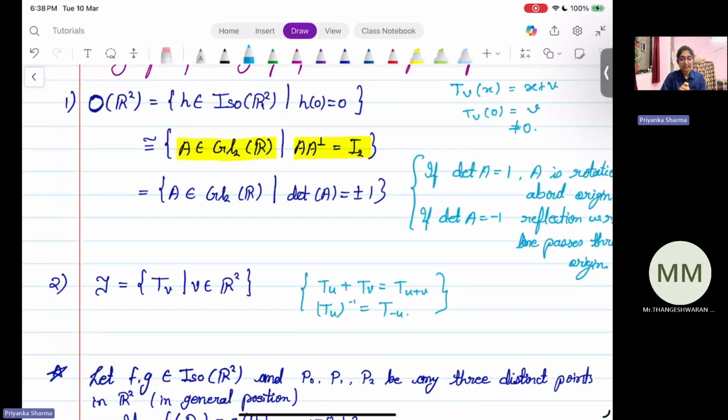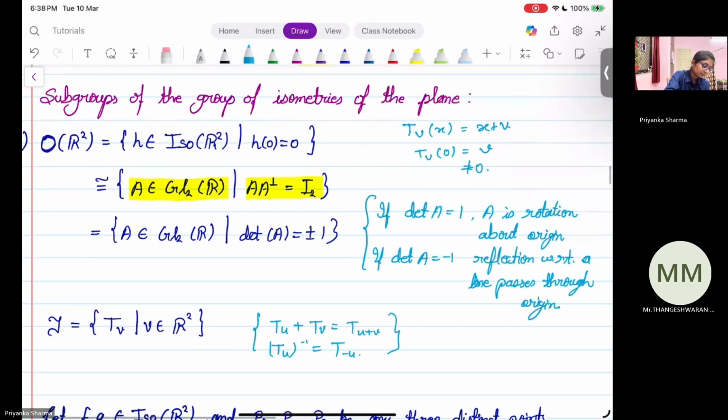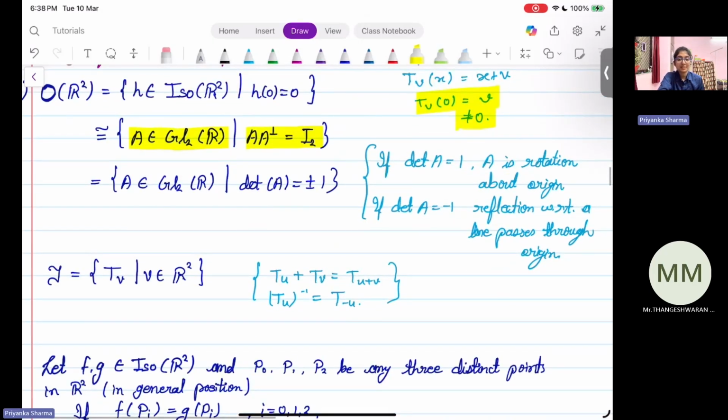The second group is the group of all translations. As we said, translations are not a part of the first category. So if we collect all the translations, then we will have another group, which we represent by T. Here we can say that T_v of 0 will be 0 if and only if v is 0, so this is the trivial translation.